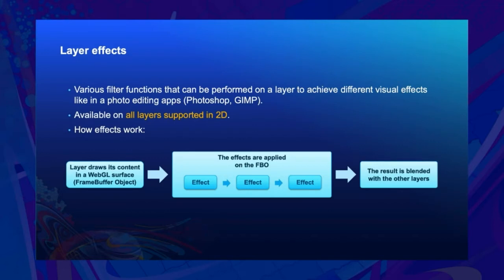It's an object in which the layer draws. Then this frame buffer object goes into a succession of effects, filter functions if you want. For example, blur, and then contrast, and then, I don't know, saturation. Then when this is done, the result is blended with the other layers like Angel talked about.